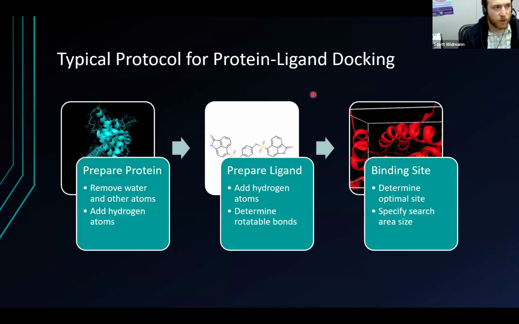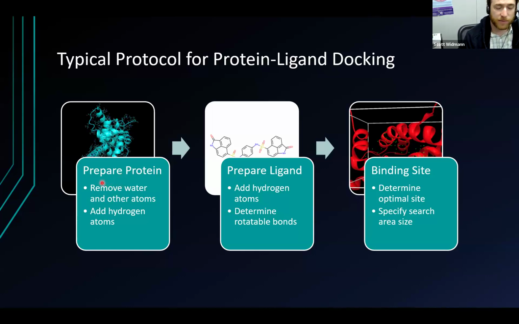And so the typical protocol for a protein-ligand molecular docking would be to get your protein and prepare the protein. This includes removing water and ions and other what we call heteroatoms that are not associated with the protein.